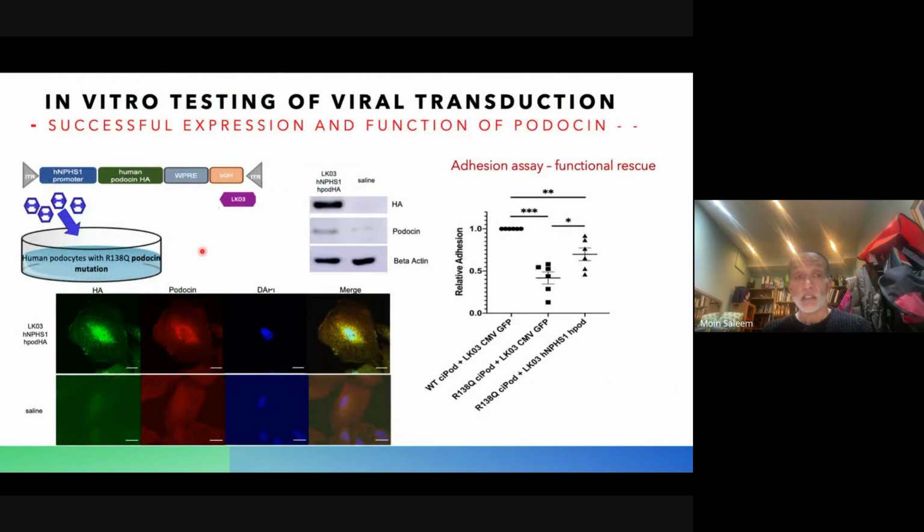Then we've got our testing of viral transduction of the actual gene of interest. This is the viral construct that we've got, and then we again transduce that into the podocyte.